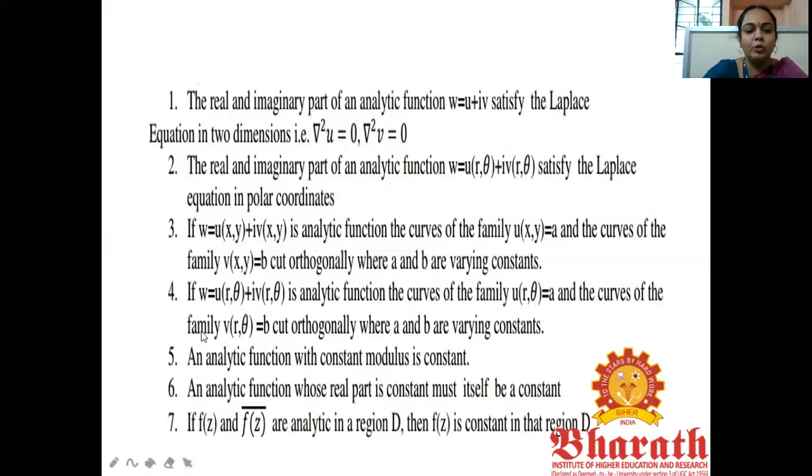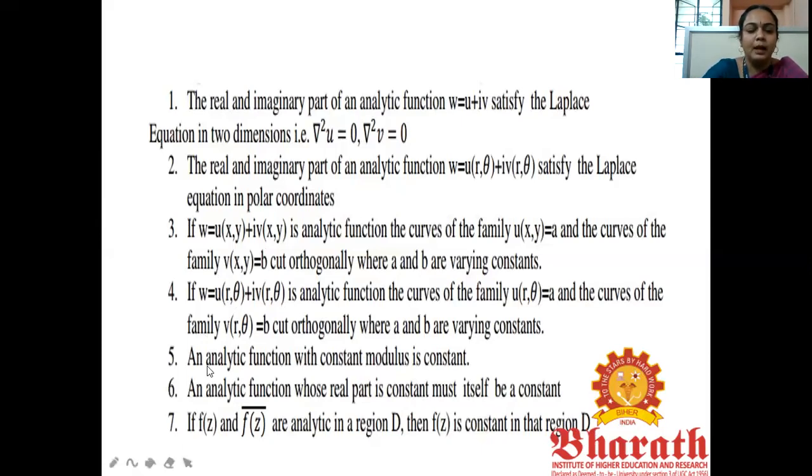Next, w is equal to u plus iv, where u is a function of r and theta, and v is a function of r and theta. For the analytic function, the family of curves u of r comma theta equal to a and v of r comma theta equal to b also cut orthogonally. The previous one was represented in Cartesian coordinates, but here it is represented in polar coordinates.